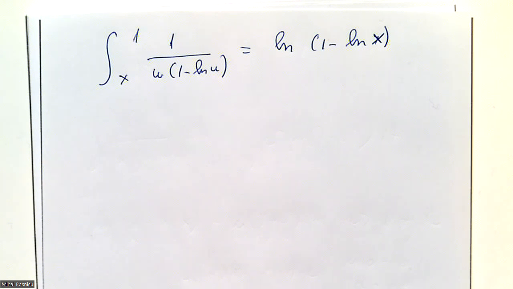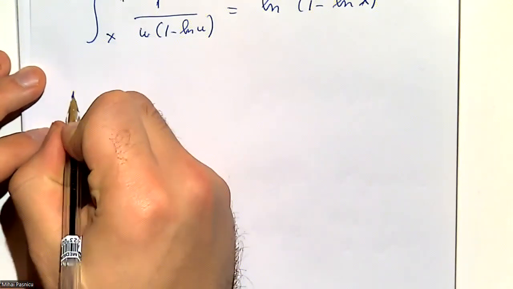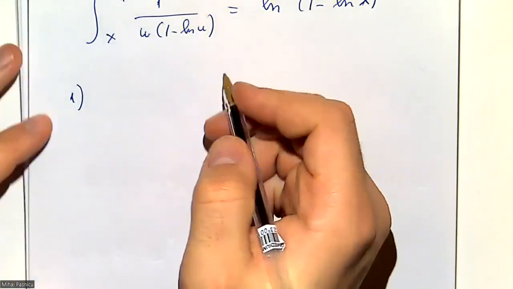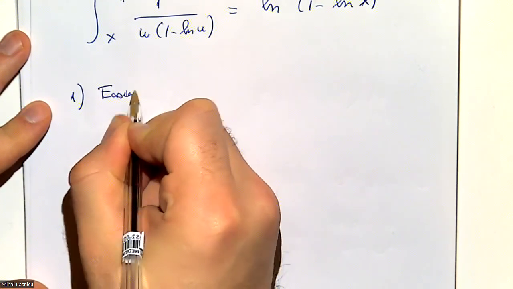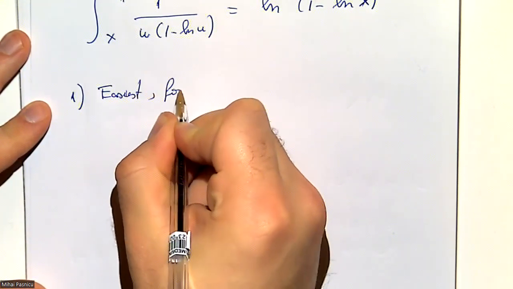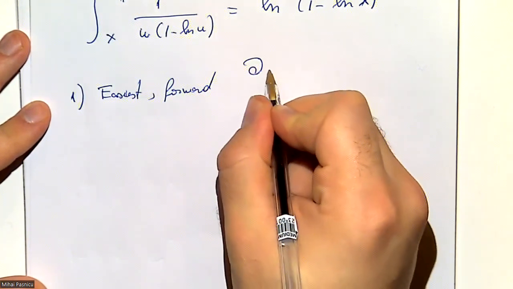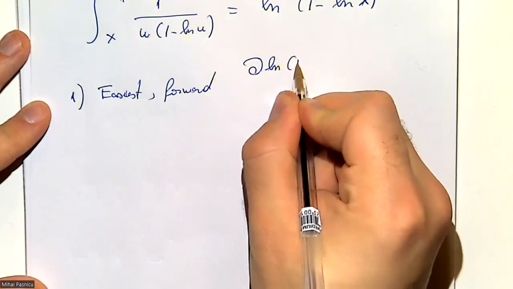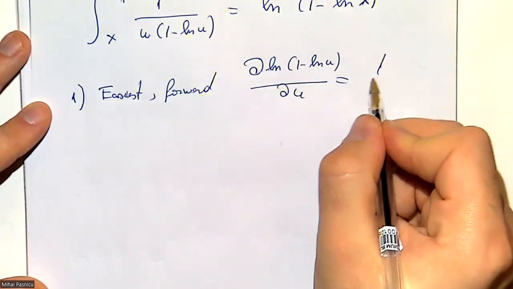And the answer is, you can't know for sure, but you can think about it this way. So 2 steps in checking. First step, easiest and most straightforward, is take a derivative of ln of 1 minus ln of u and see if it's equal to that thing.